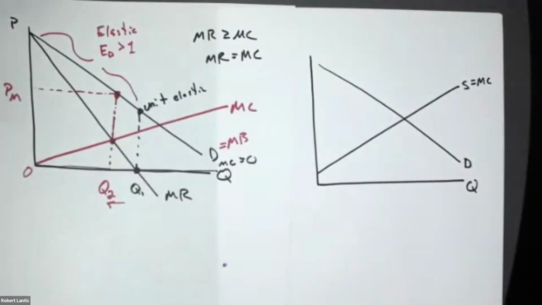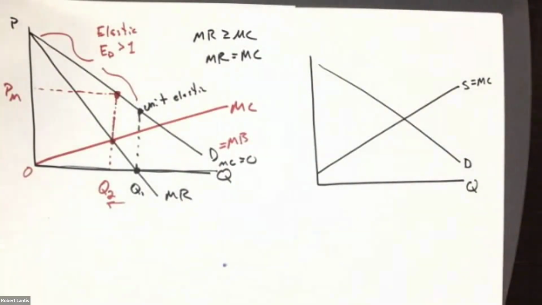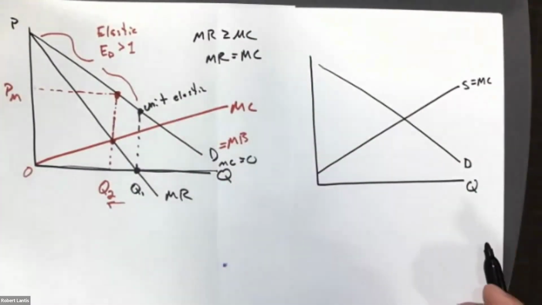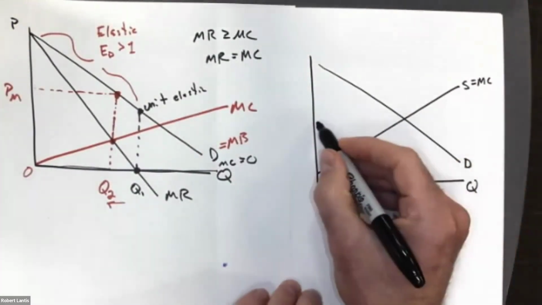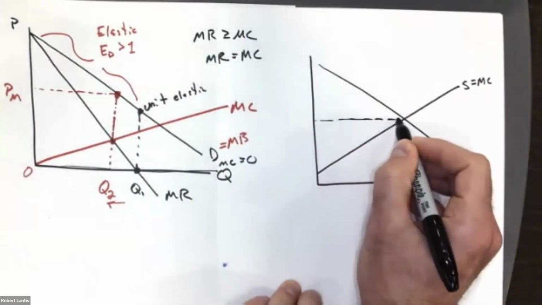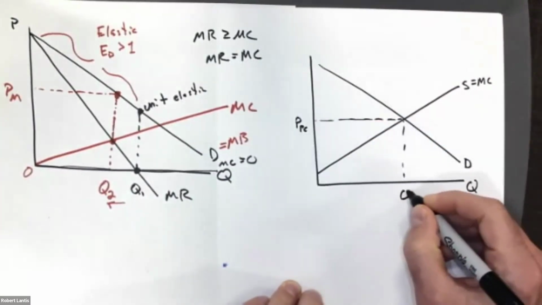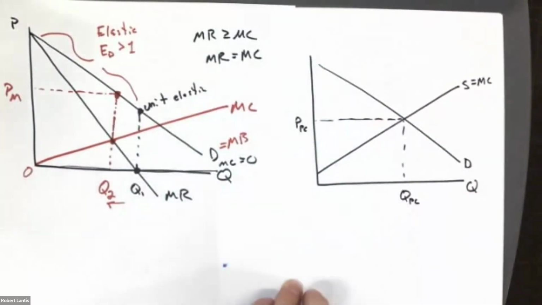So their supply curve is the marginal cost. So if this was a perfectly competitive market, where would the market equilibrium be? Simply where supply is equal to demand. That would be my perfectly competitive market.